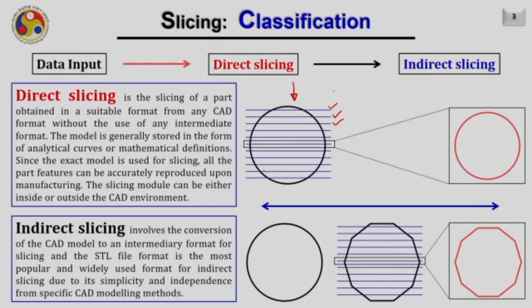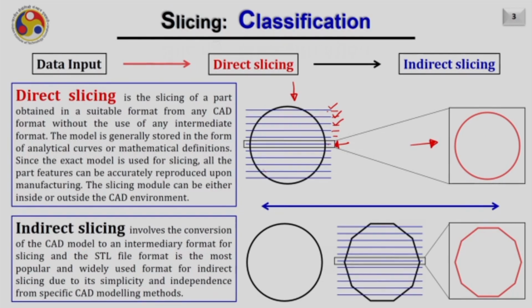The accurate CAD model is sliced in this case. These horizontal lines are the slicing planes, and the intersection between these slicing planes and the object is taken. An example slice is highlighted here. The intersection between the horizontal plane and the sphere at this particular level is going to be a circle.